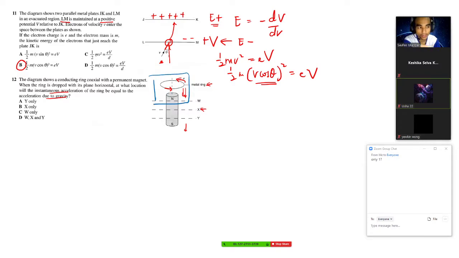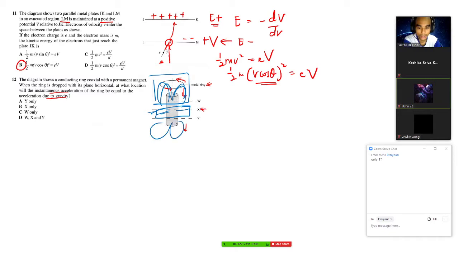When it enters the flux, a change of flux, there will be induced current. So Lenz's law will occur at that point. But at this side, there will be no change of flux, because the flux will be constant at this side.